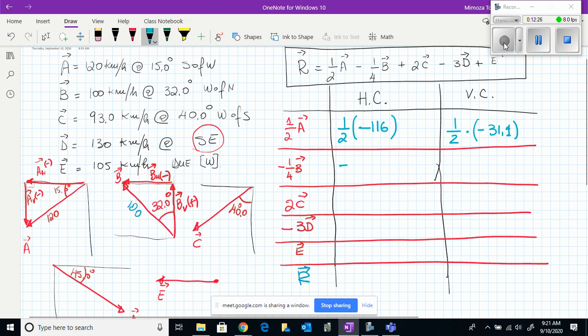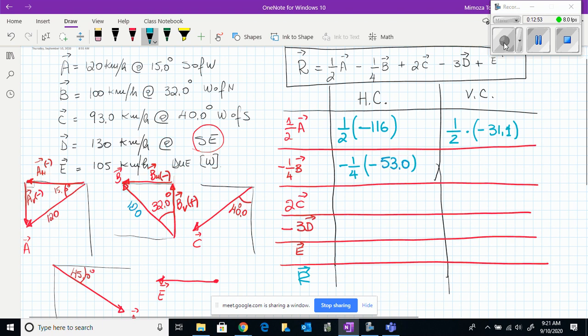Negative 1 over 4 that the expression obligates us, times negative 53.0. Now the rounding here doesn't really matter too much, guys. Don't worry too much about this.